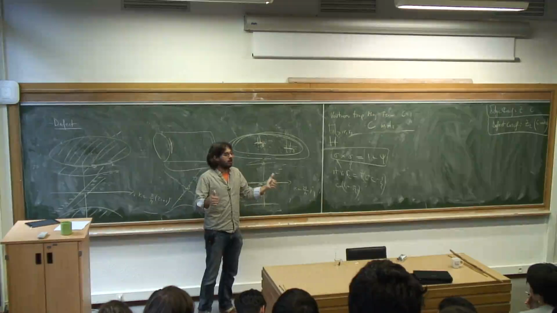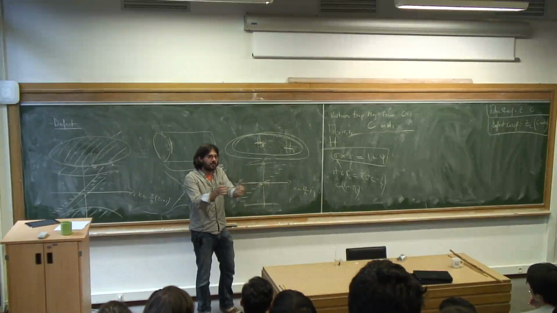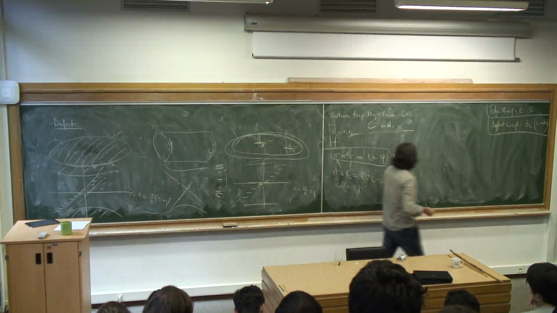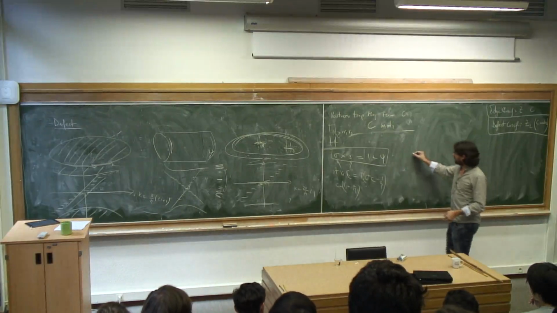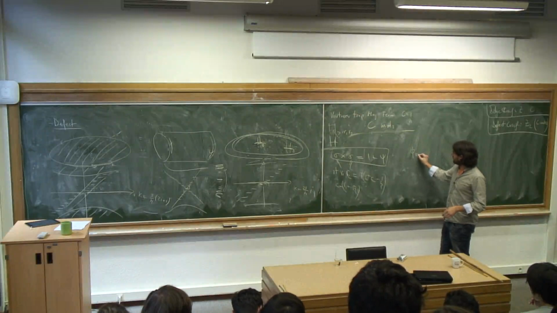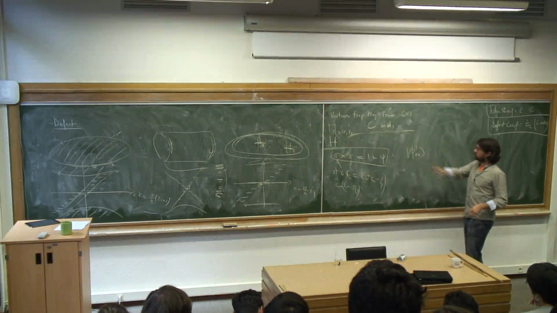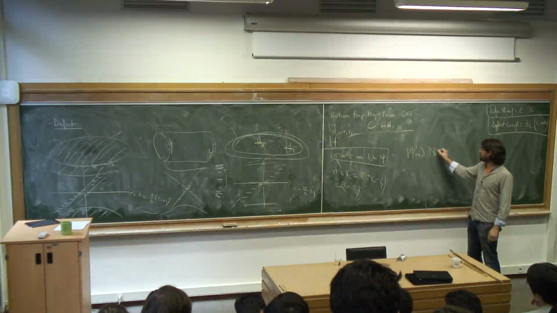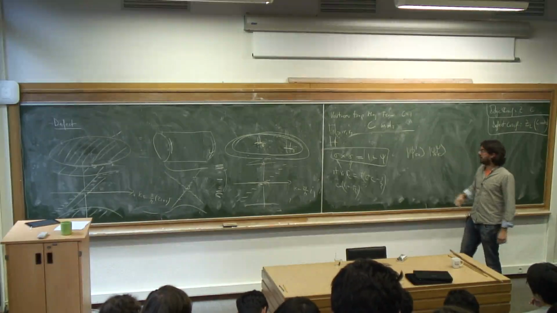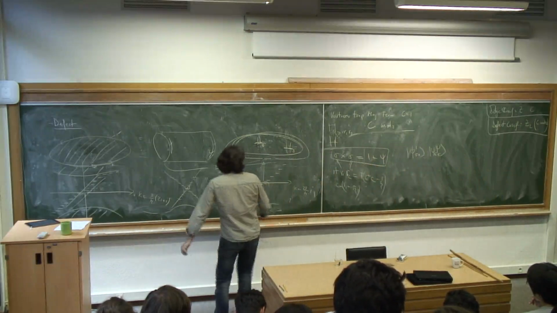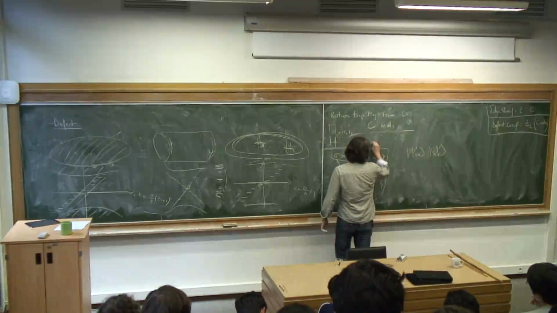I need to know the state in which they are when they fuse. So the states of this system are specified by, we're going to call them, psi, sigma, sigma fusing into 1, or psi, sigma, sigma fusing into psi. Psi is a fermion, 1 is the vacuum, this is the BDG vacuum.